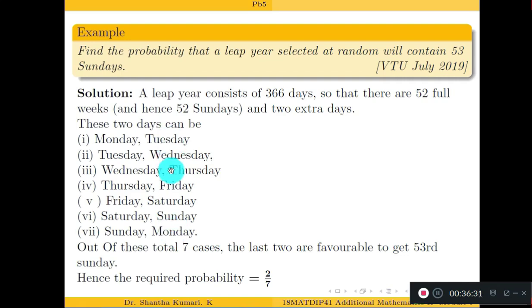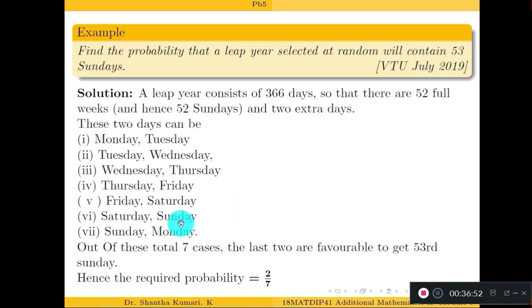When you list all possibilities, how many total possibilities are there, like elements of the sample space? Here we are not writing the set, instead we are listing. So there are totally 7 possibilities. But out of these 7 possibilities, which possibility gives you an extra Sunday? Already 52 Sundays are there. We need one more Sunday to get 53 Sundays.